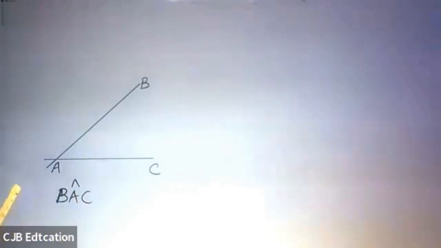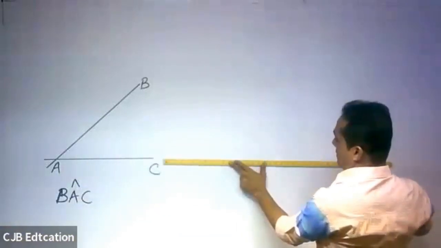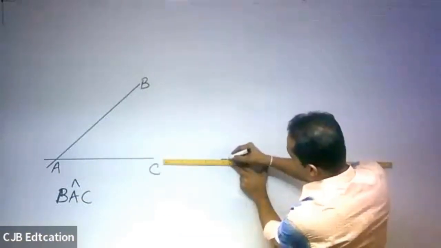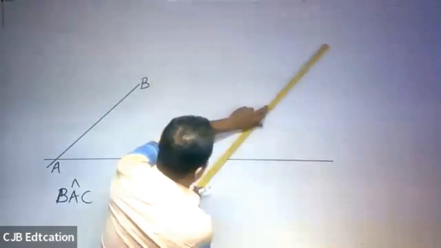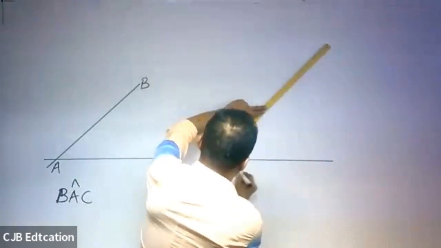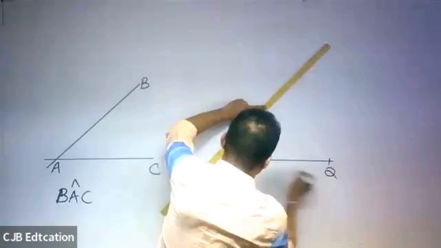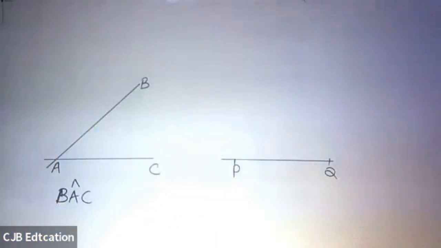Right? Now we have to copy that BAC angle as another angle in the same magnitude PQR. So it's here P and it's here Q. Right. Now we'll see how we can construct it.